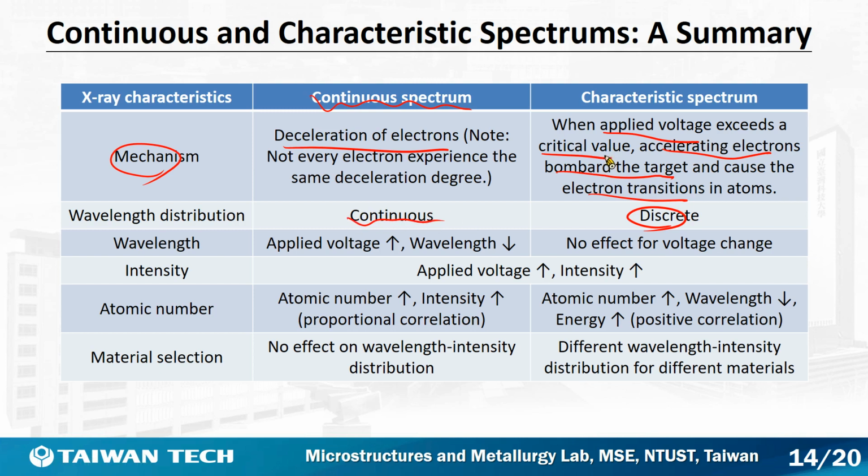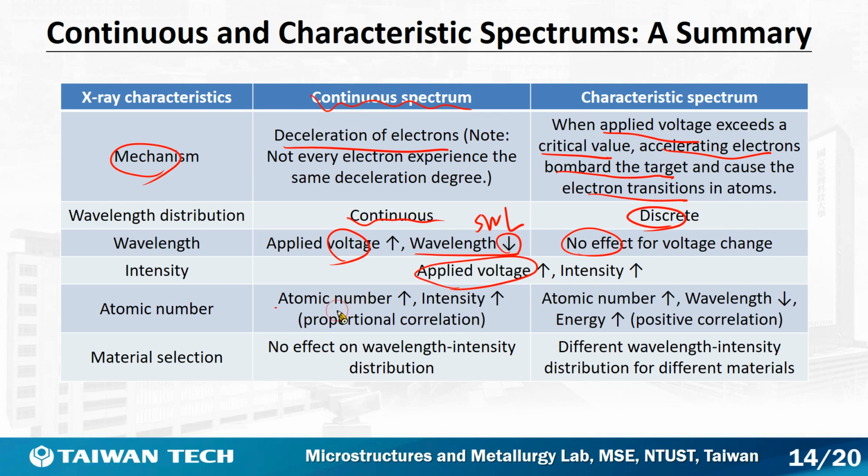And for the effects of applied voltage, if we have a higher voltage, the wavelength will decrease, right? Shorter wavelengths, okay? But for the characteristic spectrum, it shows no effect. This is about the quantum mechanics. And for the intensity, both of these will have a higher intensity for higher applied voltage.